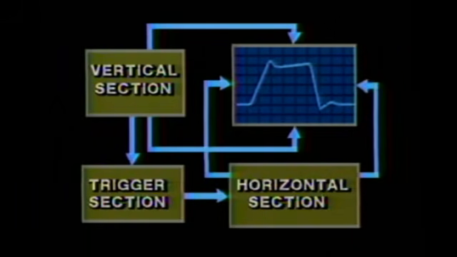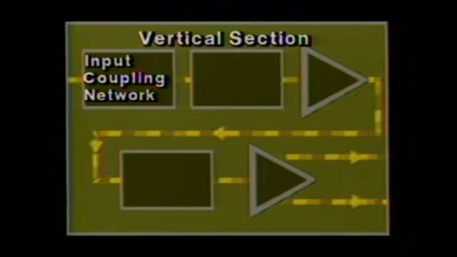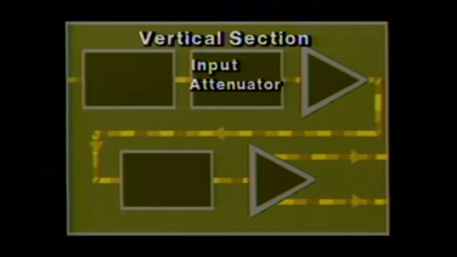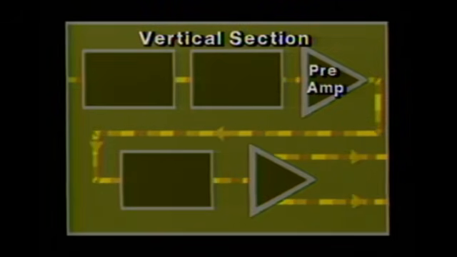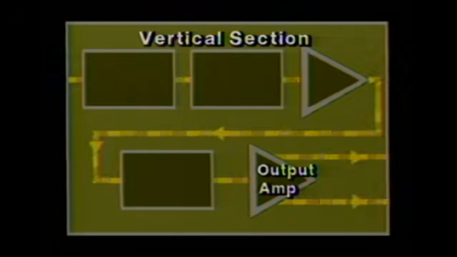The best way to visualize how an oscilloscope works is to split the display into two parts, the vertical portion and the horizontal portion. This diagram shows the functional blocks commonly found in oscilloscopes like the 2235. The vertical section is composed of the vertical input coupling network, vertical input attenuator, vertical input amplifier, the delay line, and vertical output amplifier.